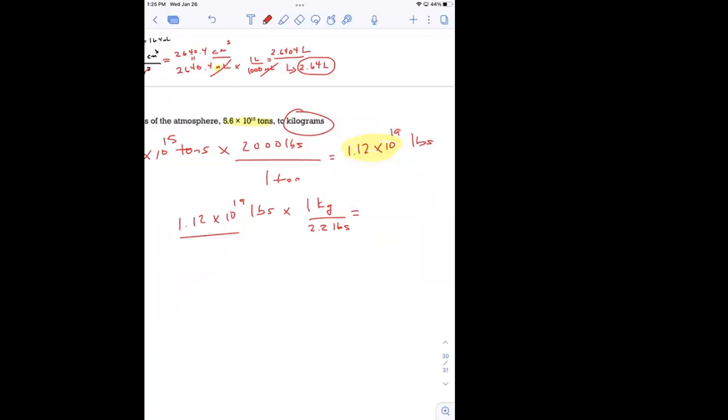I don't want the internet to crash. So is that number divided by 2.2?